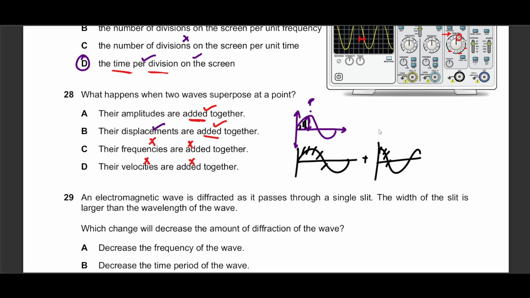They are going to be instantaneously added by every single point. And they are displacements. They are not amplitudes. Amplitude is a single point. We are not looking to add a single point. We're looking to add the whole wave. That's going to be option B.